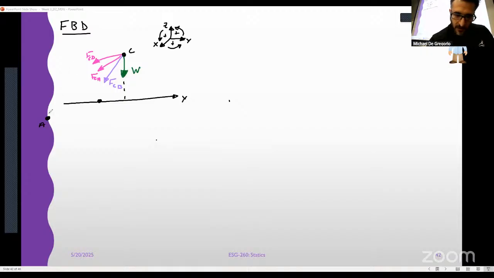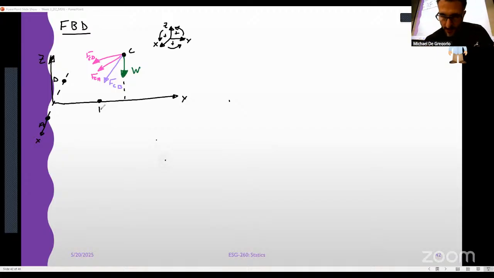Point D is in line with point A on the x-axis. So here's our x-axis, positive that way, and Z is positive upward. And I think that covers all of our points.